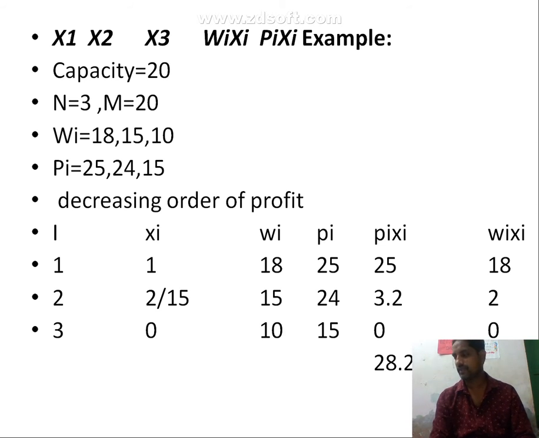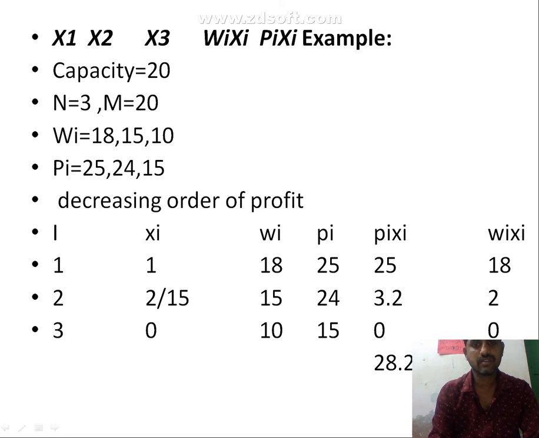For example, find an optimal solution to the knapsack instance for n equal to 3 objects, capacity m equal to 20, weights wi equal to 18, 15, 10, and profits pi equal to 25, 24, 15.